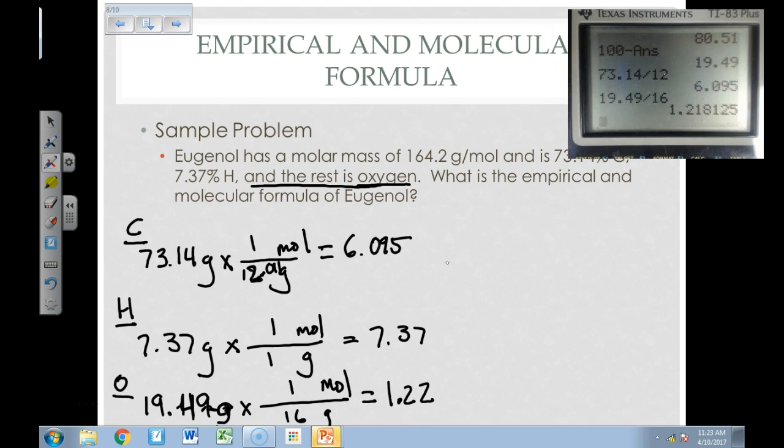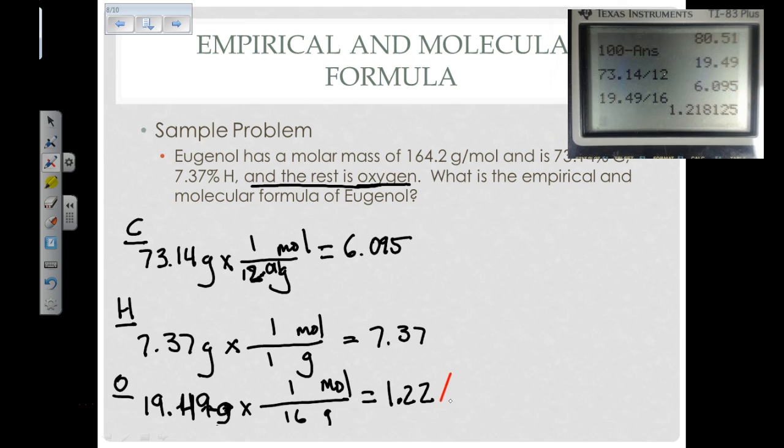The next step is to divide by the smallest of these values. So that's what we're going to do. That's this one. So that's 1.22. So that one equals 1. Divide by 1.22. So 7.37 divided by 1.22.